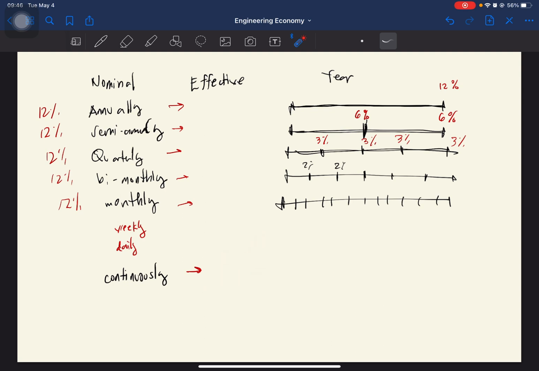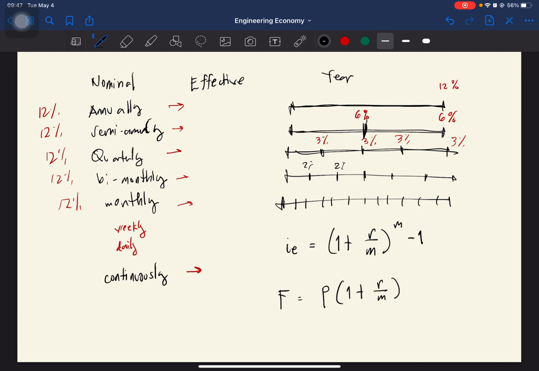Now, why did the video separate this? Why was it not included last time? Is the formula here the same? Our formula for the effective interest rate is (1 + r/m)^m - 1. And if we use that in problem solving, future worth equals present worth times (1 + r/m) raised to mn.